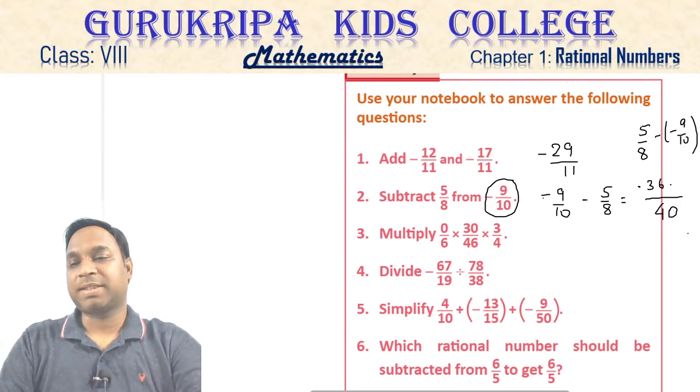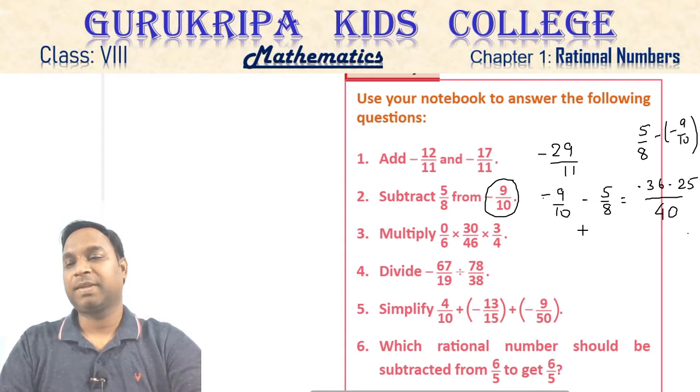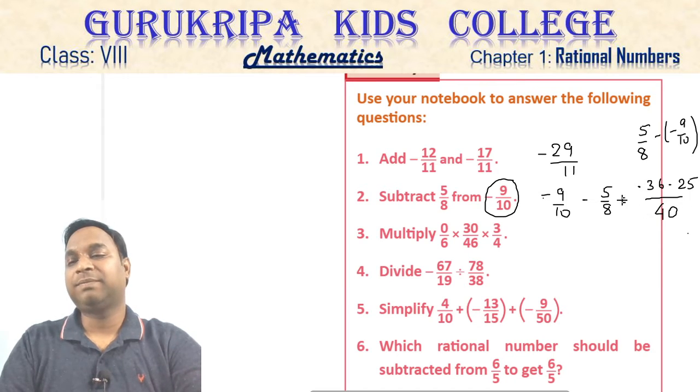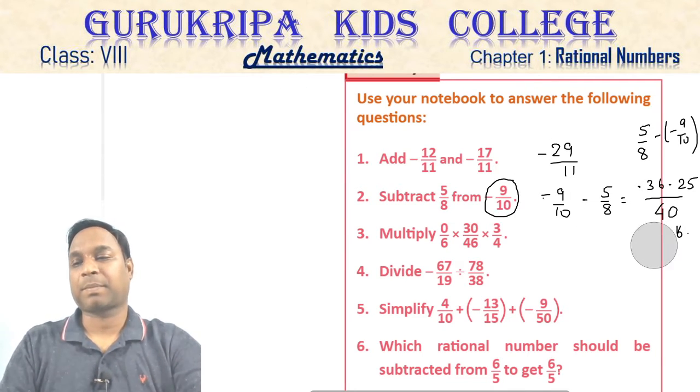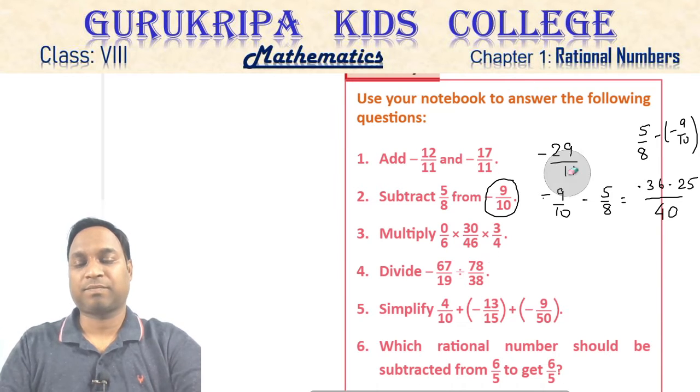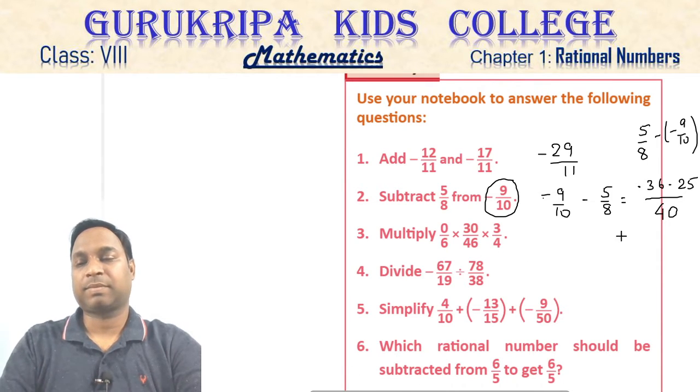Minus 36 minus 25. है ना? 9 4s are 36, 10 4s are 40. 8 5s are 40, 5 5s are 25. So what will be the answer? Minus 61. Minus 61 divided by 40.